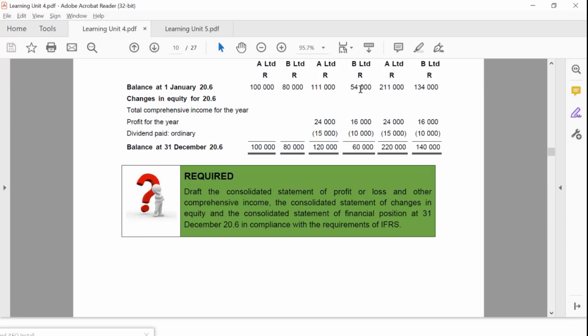This is a bit complex. Does everyone understand this? I'm calculating the retained earnings, and I'm saying it is the difference between the amount of retained earnings at the date of acquisition and the amount at the beginning of the new financial year. That gives me what?